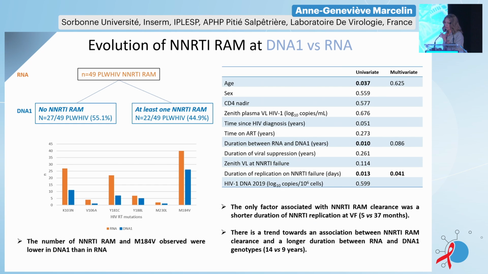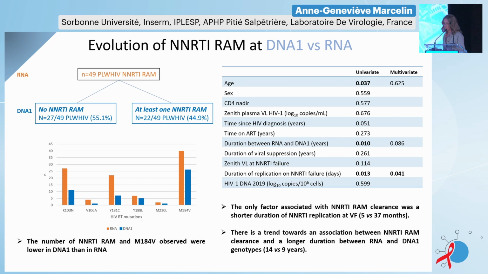So as you can see, we studied 49 people living with HIV harboring NNRTI mutations in the past. When we observed the results at the first point on DNA, 55% of these patients had no NNRTI resistance mutations on the genotype, and 55% still had at least one NNRTI resistance mutation in the DNA.